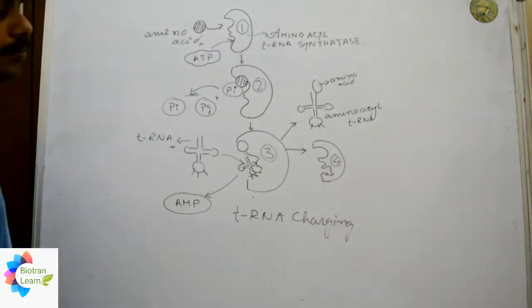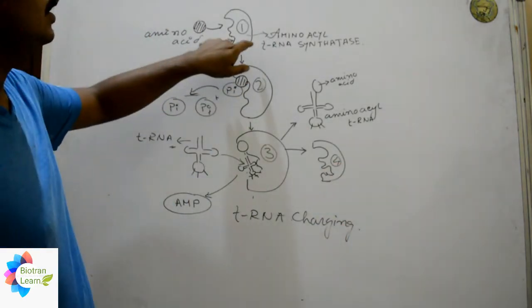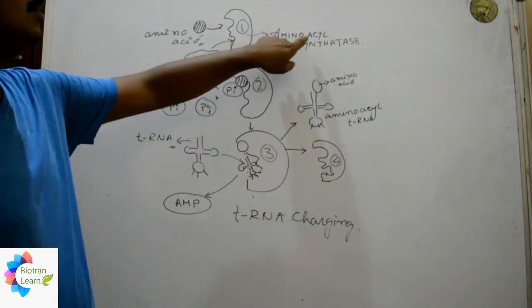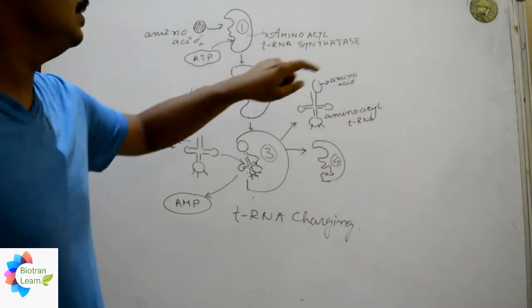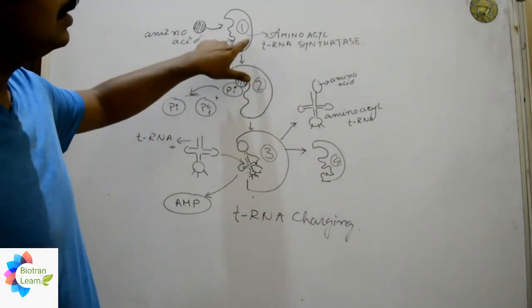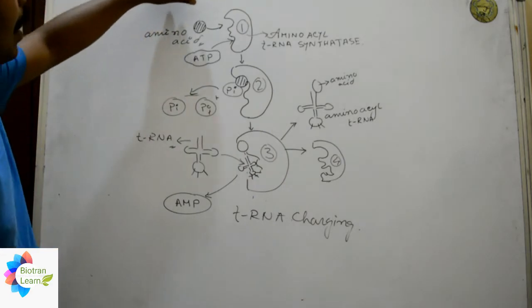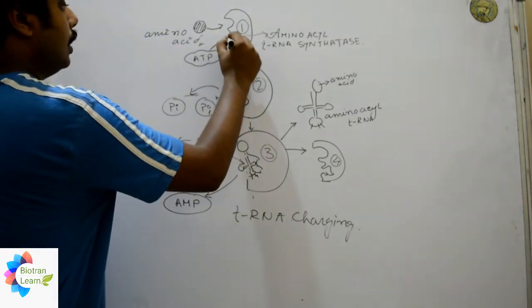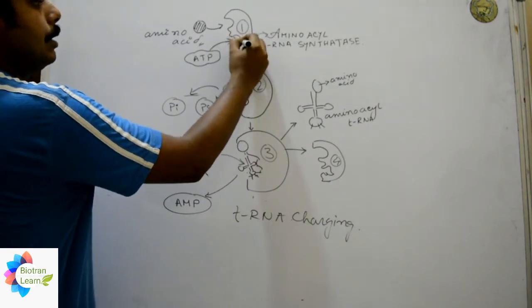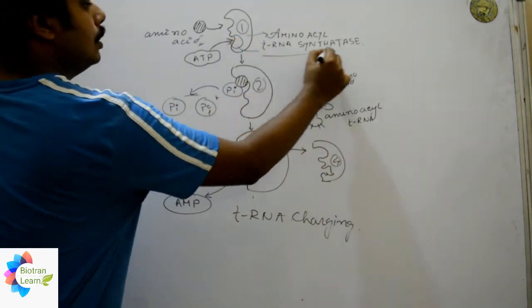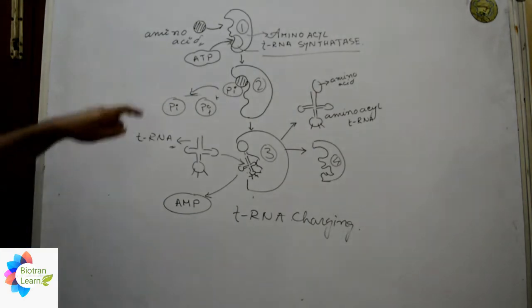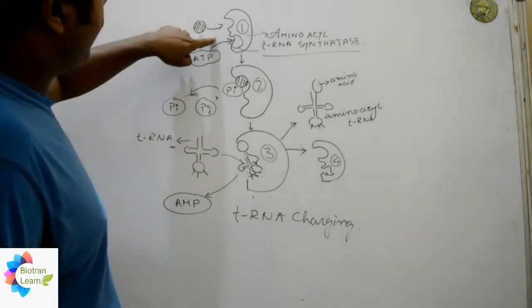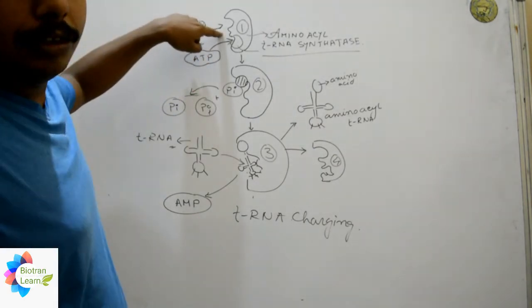How does it take place? It requires an enzyme known as amino-acyl tRNA synthetase. That amino-acyl tRNA synthetase will bind to an amino acid. Before that, ATP binds to the ATP binding site of this synthetase enzyme. First the ATP binds, then the amino acid binds to it.